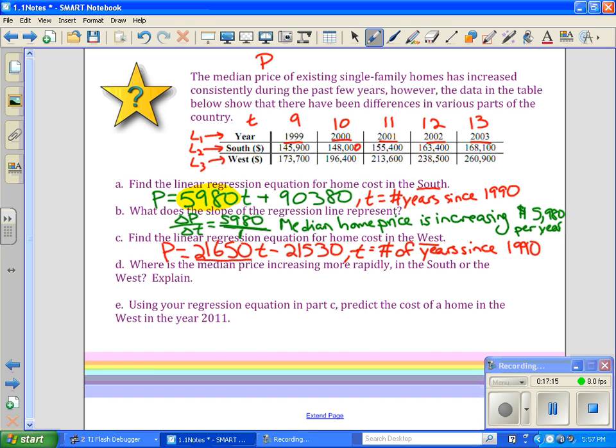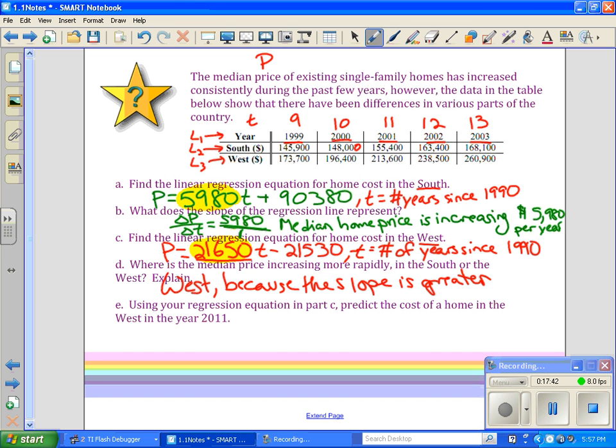Well, this is referring to our slopes again. So we already know that our slope for the South is 5,980, and our slope for the West is 21,650, so obviously the West is increasing quicker. West, because the slope is greater.